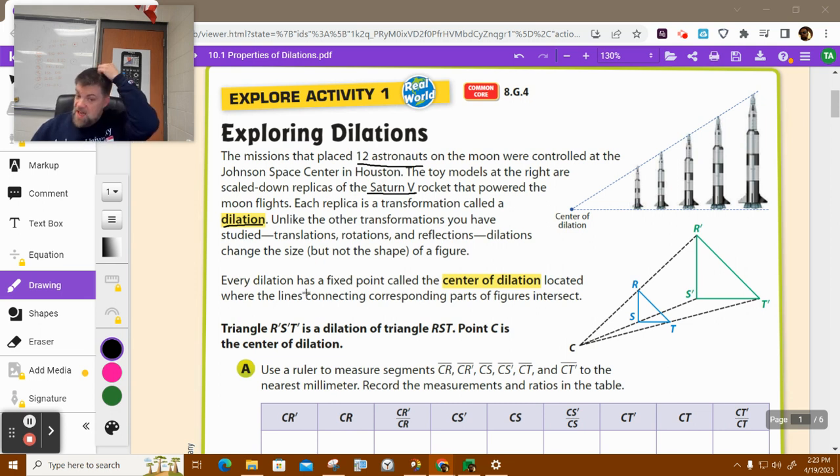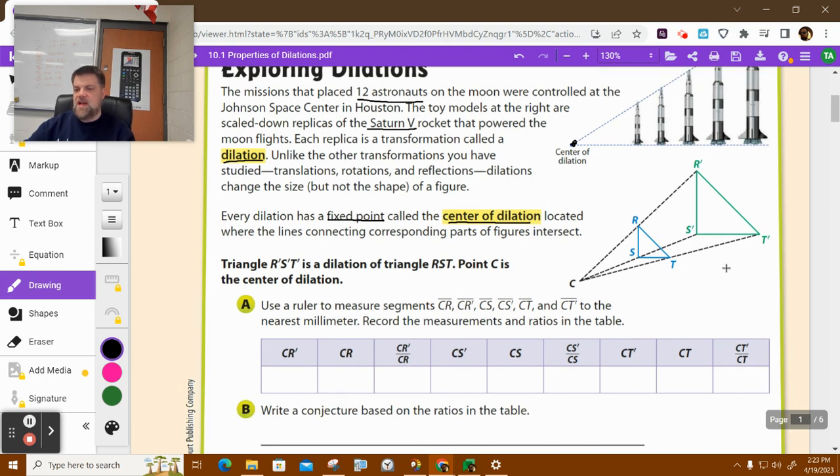So, every dilation has a fixed point called the center of dilation. So, this is the center of dilation. In other words, if we were to zoom in on the scale, it should shrink to a point, which is located where the lines connecting the corresponding parts of the figures intersect.